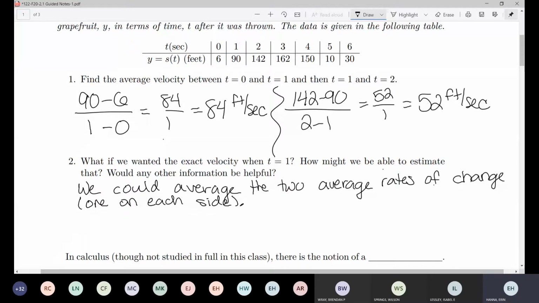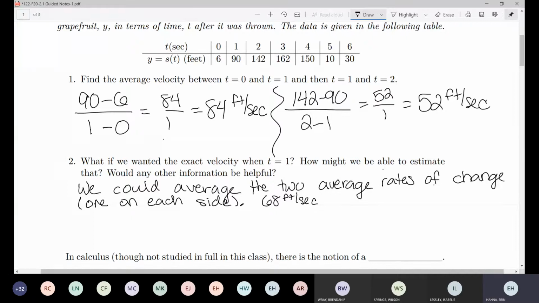I don't have it written in my notes, but 84 plus 52 divided by 2 gets us 68 feet per second, in case you're curious. It doesn't really matter, but that's what we would get.